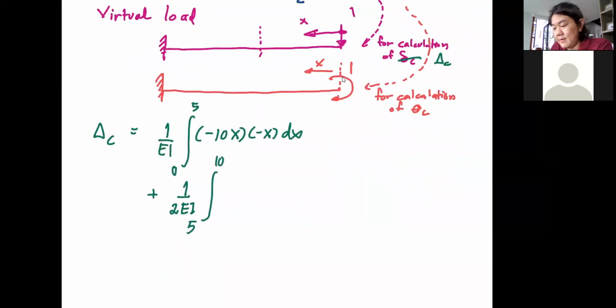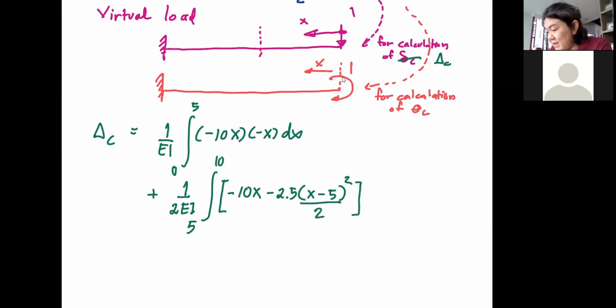Okay, and say the actual moment is now minus 10x minus 2.5 times (x minus 5) squared over 2. That's the actual moment. And then the virtual one is also minus x dx.